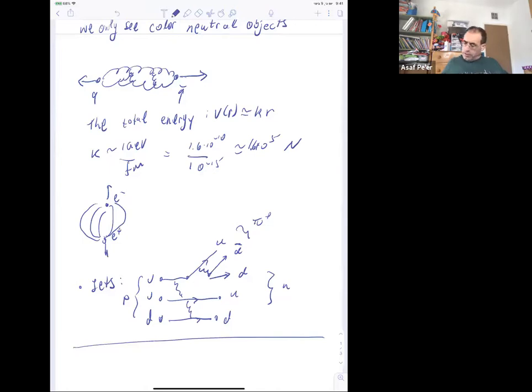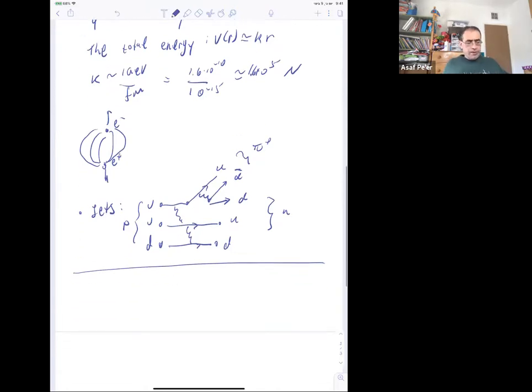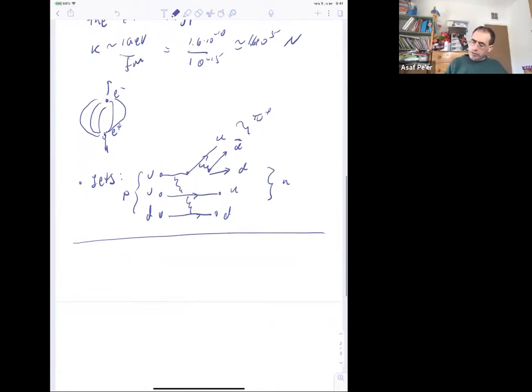Okay, so there was another point that I mentioned I want to say a few words about, and this is the issue about the running coupling constant. This is something which you might have heard of. So let's do it in a somewhat ordered way. I told you that one of the problems of doing calculations in QCD, quantum chromodynamics, the strong force, is that the coupling constant is of the order of unity.